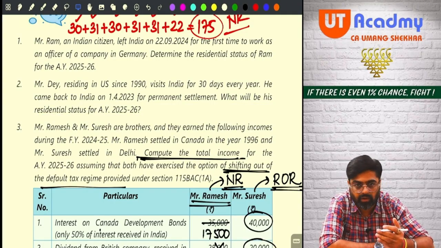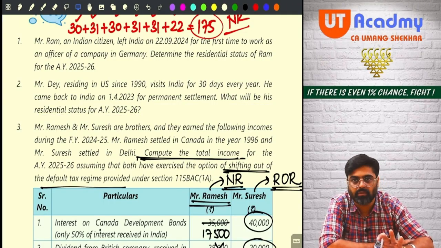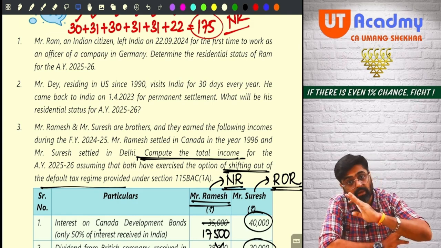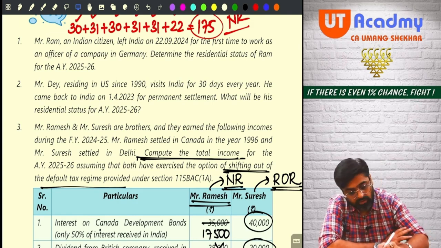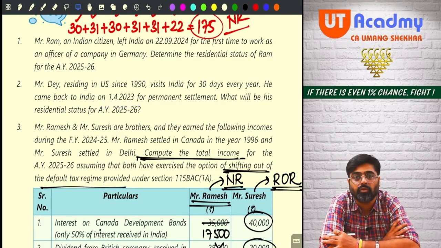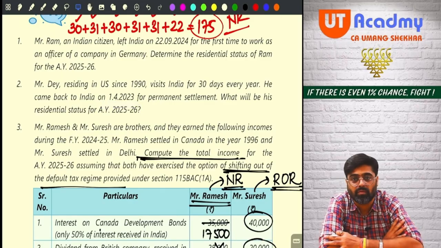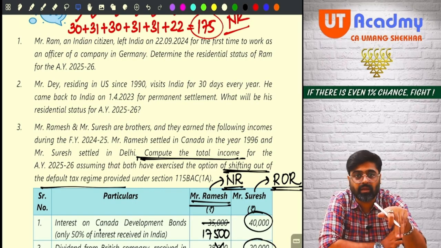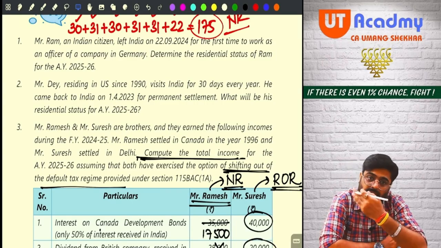See, he is not coming to India for the purpose of visit. He is coming to India for the purpose of permanent settlement, and he is not coming in this year. He has already come last year. So last year on 1st of April, he has already come. So since then, he is in India only now. In our previous year, he is not coming. He is coming last year itself.